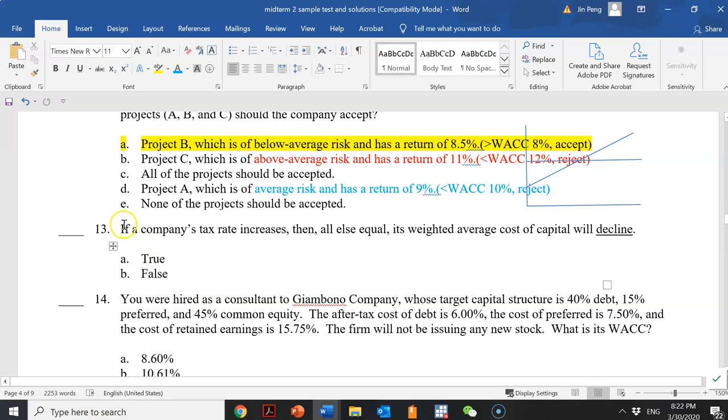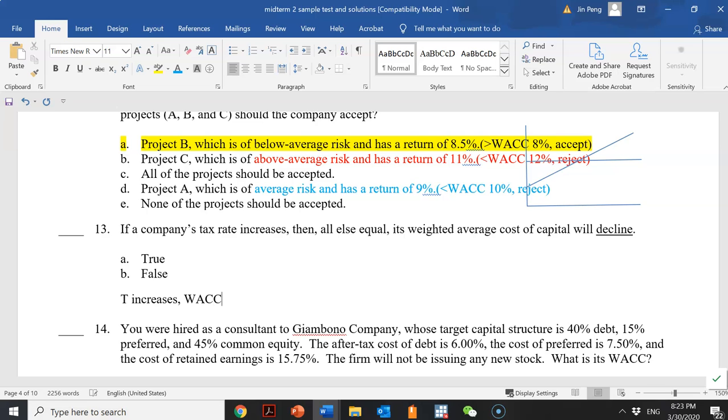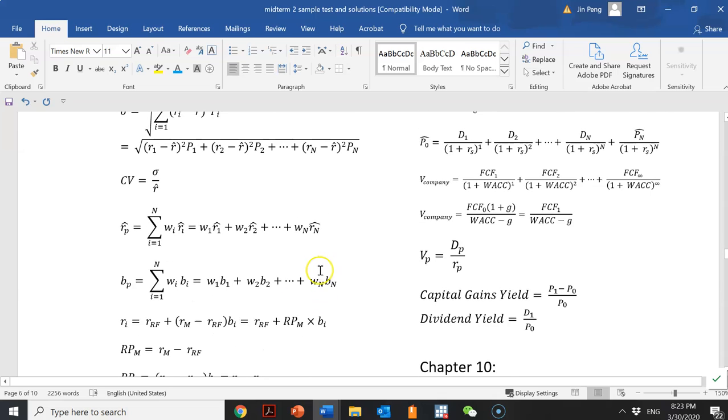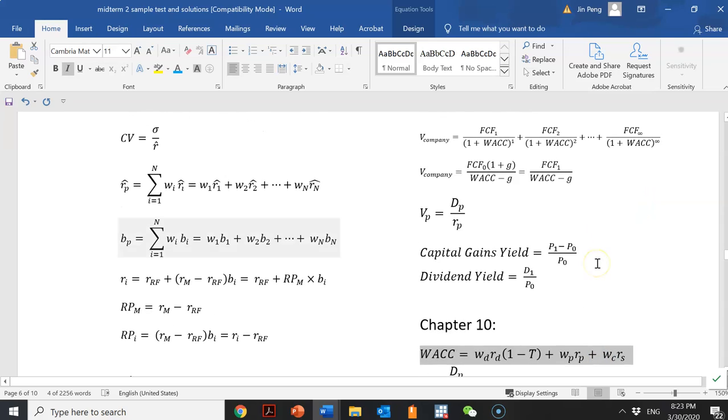Question 13. If a company's tax rate increases, then all else equal, its weighted average cost of capital will decline. Let's see what happens to WACC when the tax rate T increases. According to the formula, let's go to the formula sheet. WACC, chapter 10 formula sheet, equals WD multiplied by RD multiplied by 1 minus T, plus WP multiplied by RP, plus WC multiplied by RS.